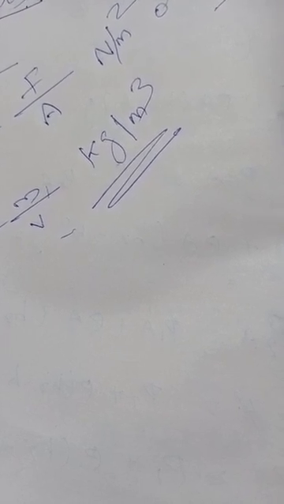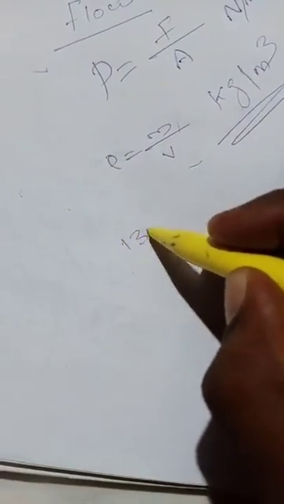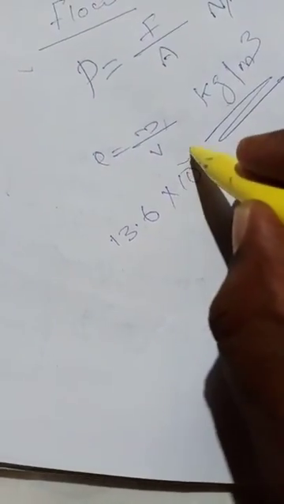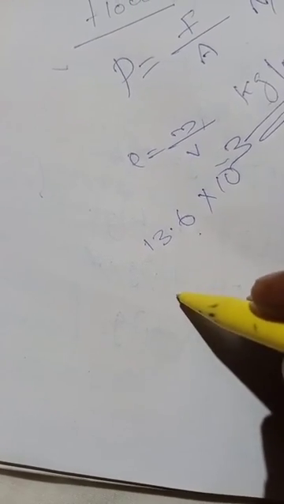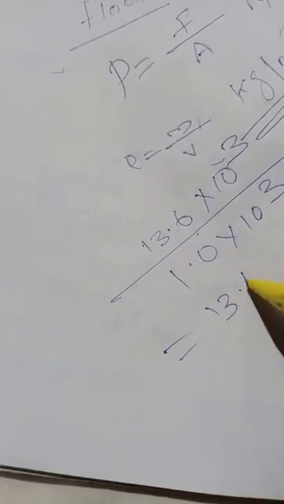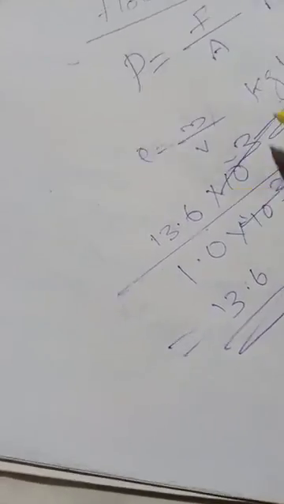To find the relative density, we take the ratio: 13.6 into 10 to the power 3, the density of mercury, over 1.0 into 10 to the power 3, the density of water. 10 to the power 3 cancels, so we get 13.6.